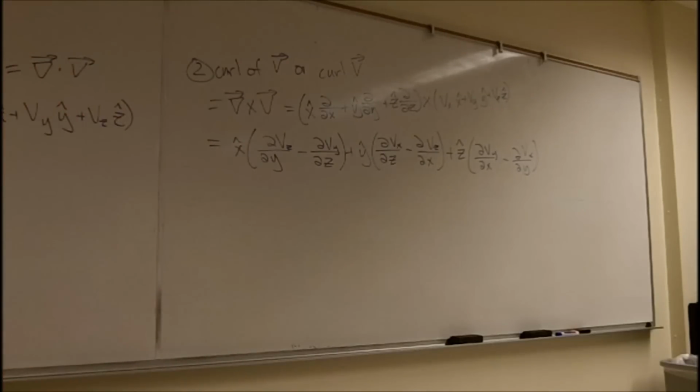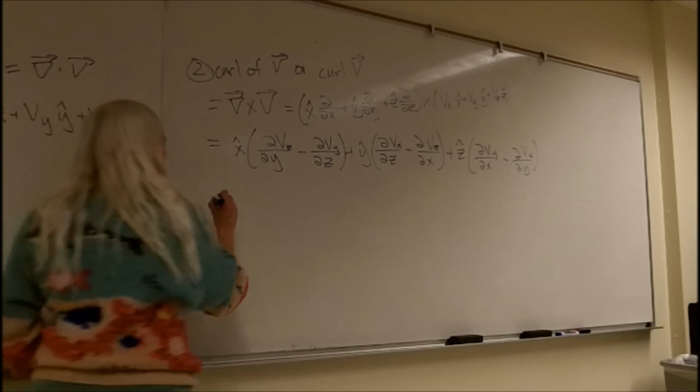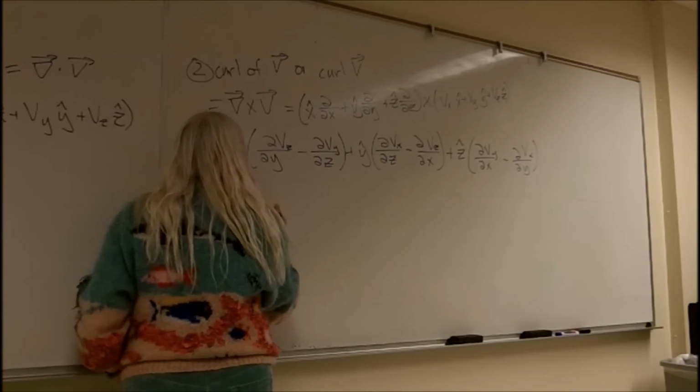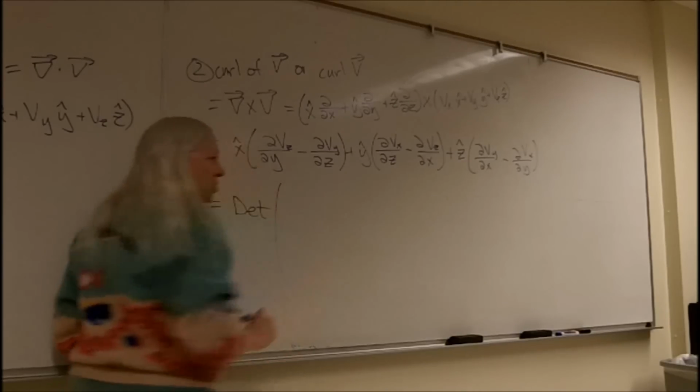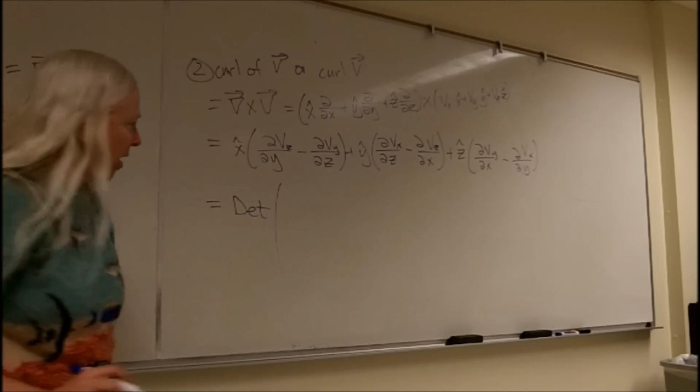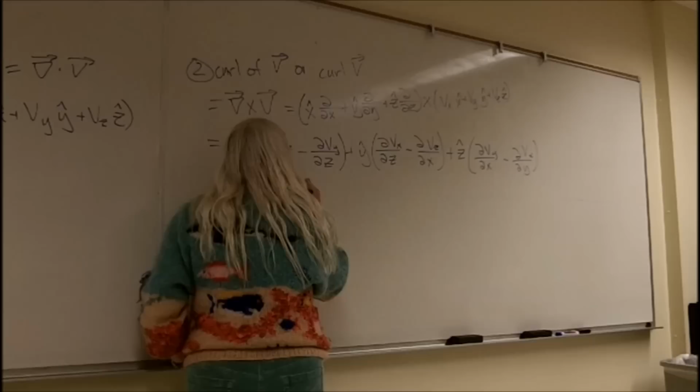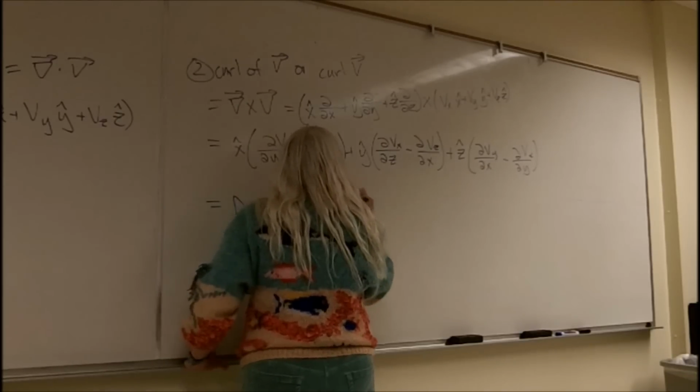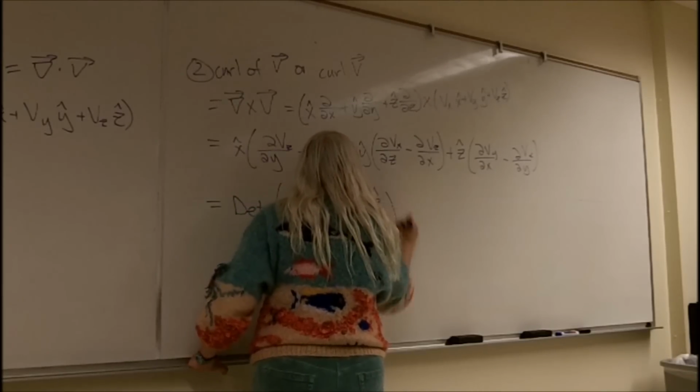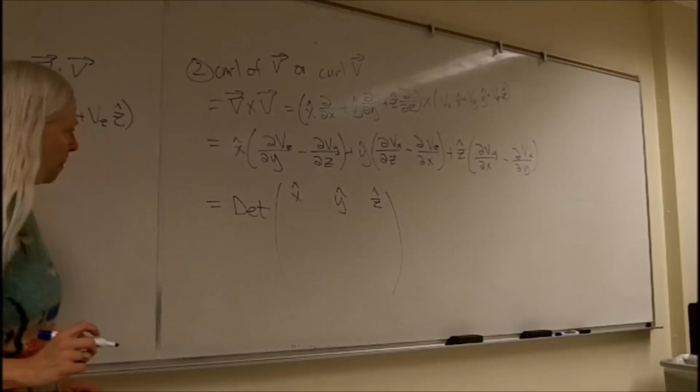Okay, so this is what we mean by the curl. Or if you prefer, you can write this as a determinant of a matrix, just like we did with an ordinary cross product. In the matrix, you put the unit vectors x hat, y hat, z hat across the top row.